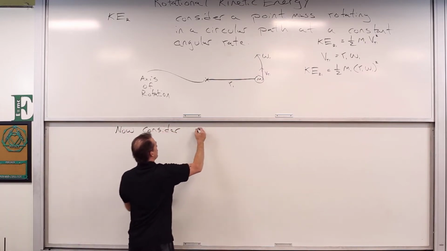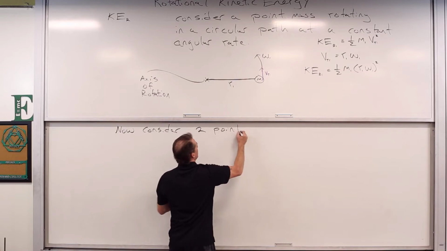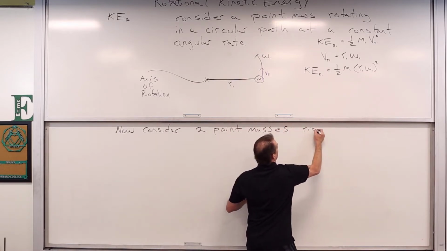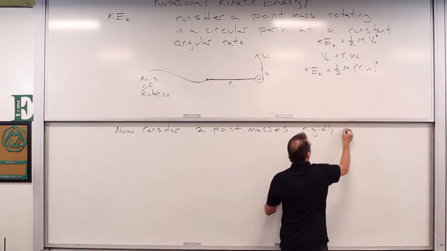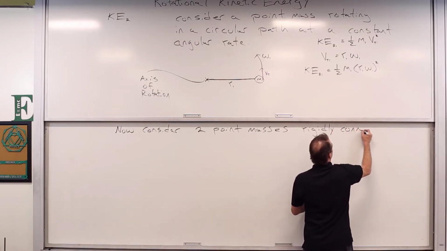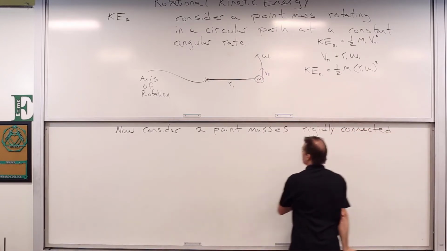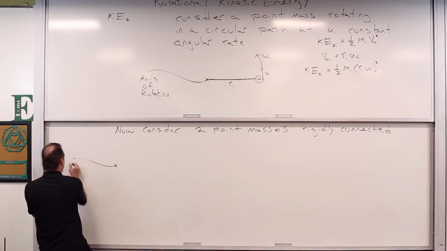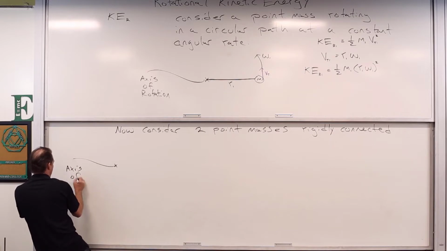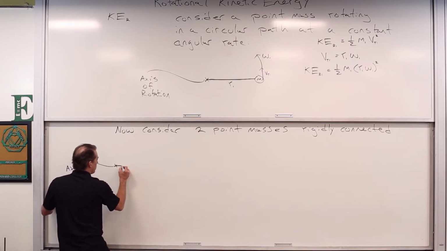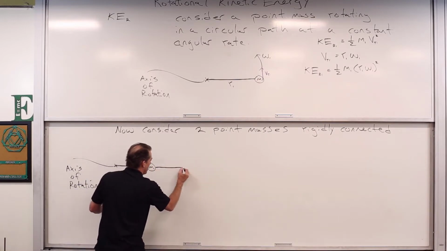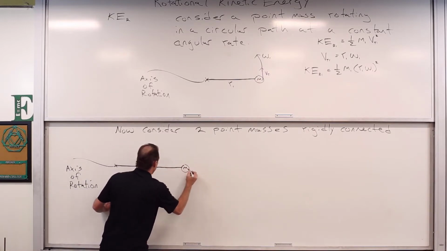Now consider two point masses, rigidly connected. We'll take some axis of rotation. We'll take some M1 like this, and attached to it, we have some M2.